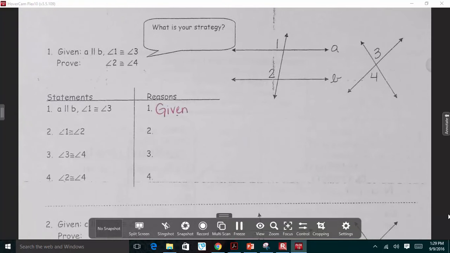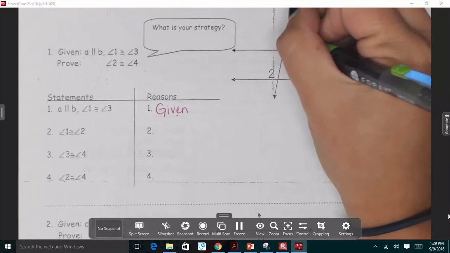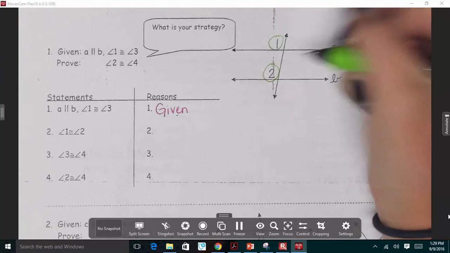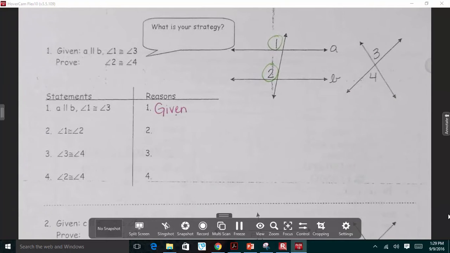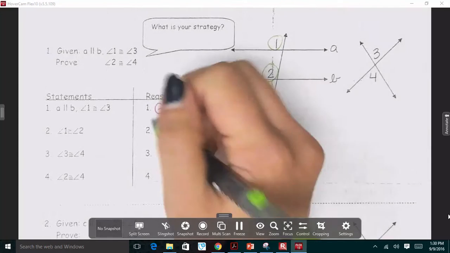Now, in the second one, it says that angle 1 is congruent to angle 2. So angle 1 is right here, angle 2 is right here. How do we know those are congruent? They're corresponding, okay? So this is how you can write this. I'll also let you shorthand this.